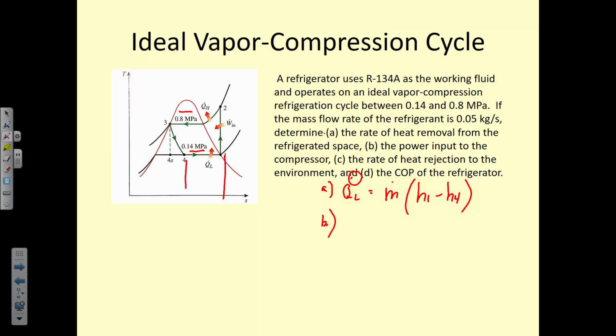Okay, part B, what are we trying to find? The work in. So W dot in, which is what? M dot times H2 minus H1. Okay, part C, the rate of heat rejection. Q dot H, right? Because it's a rate, which is equal to M dot times what?